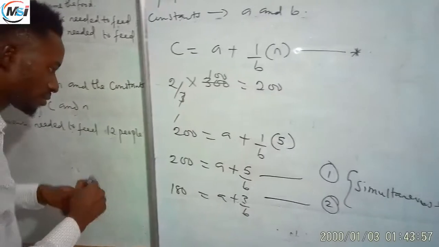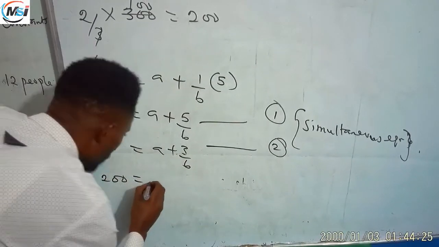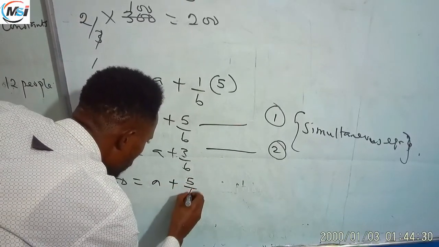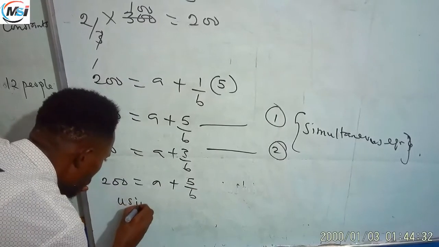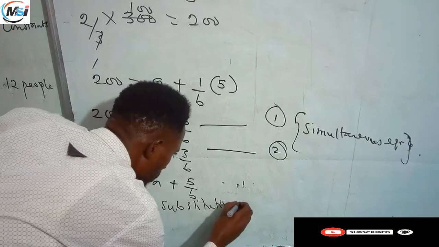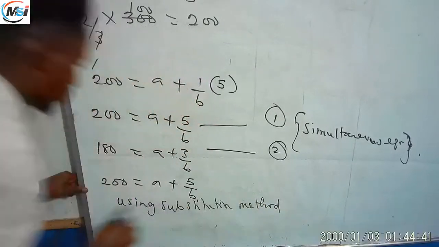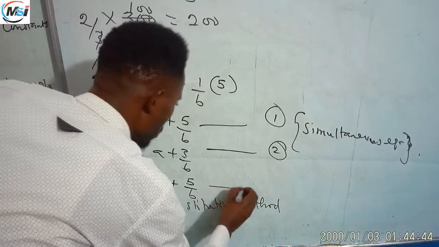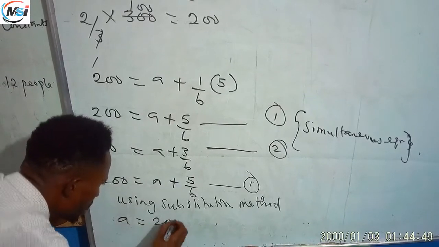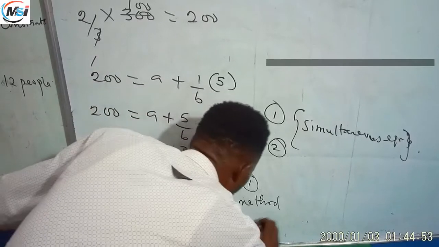If we have 200 is equal to A plus 5 over B, let's use the substitution method. It will be very easy to solve the simultaneous equation by substitution. Consider equation 1, then A is equal to 200 minus 5 over B. So this will lead to equation 3.